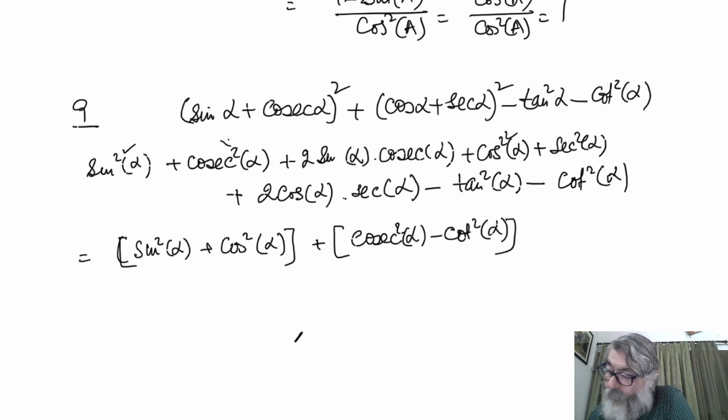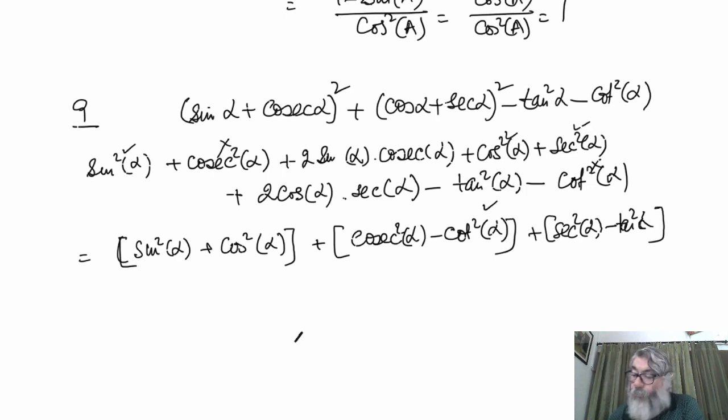Plus sec square alpha minus tan square alpha, which is also 1. So 1 plus 1 plus 1.